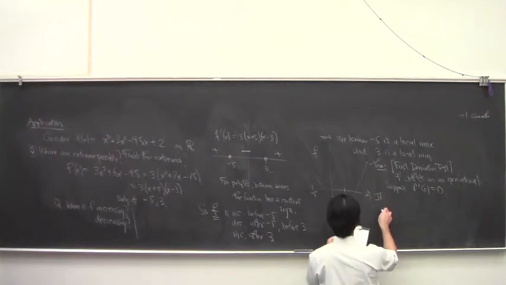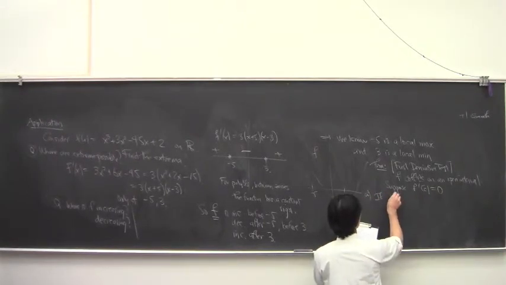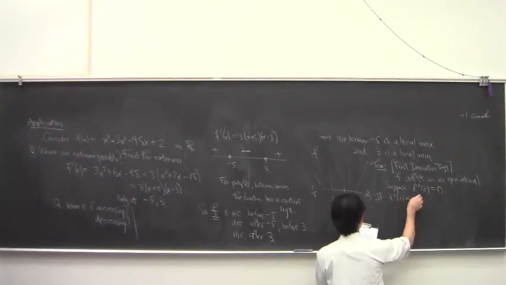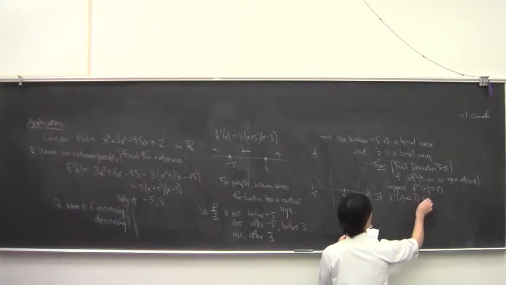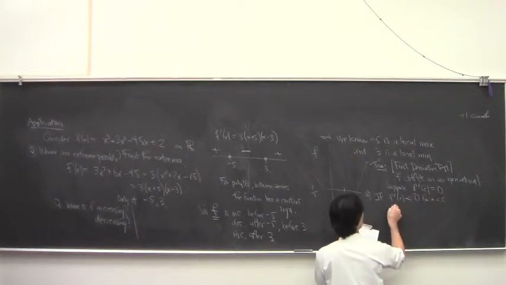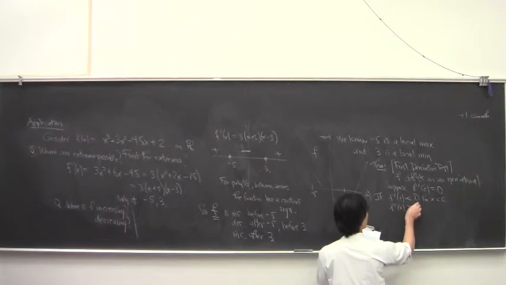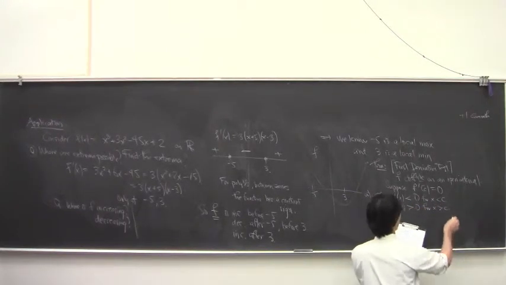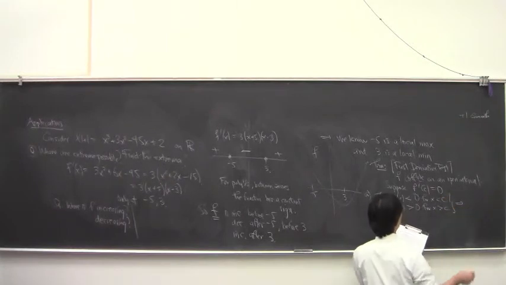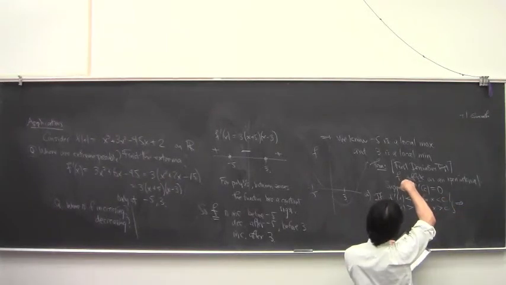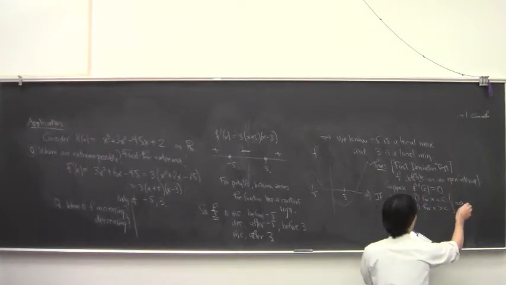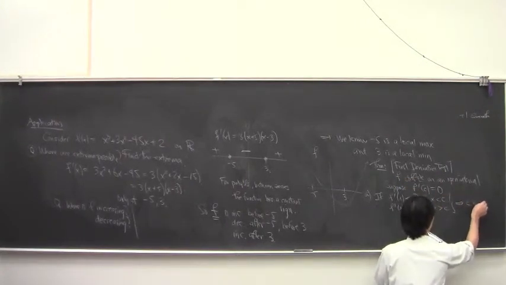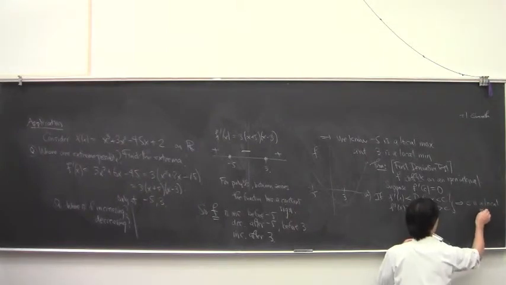If f prime is less than 0 for x less than c and bigger than 0 for x bigger than c, then it's decreasing and then increasing, so c is a local min.